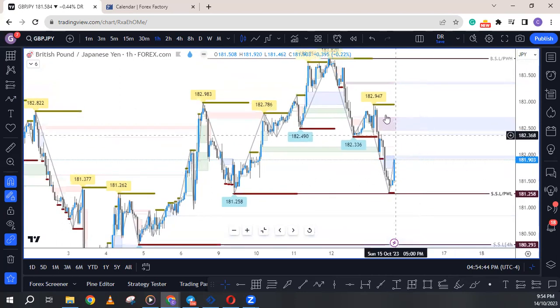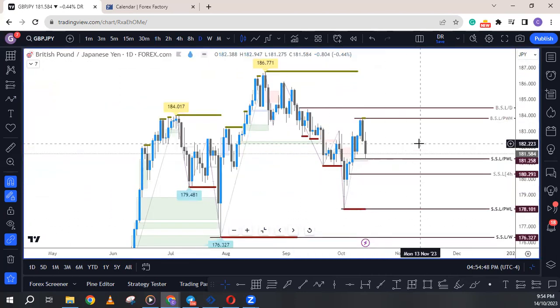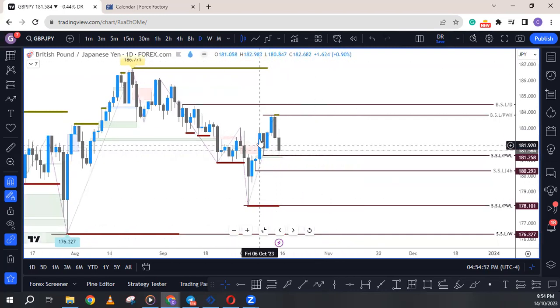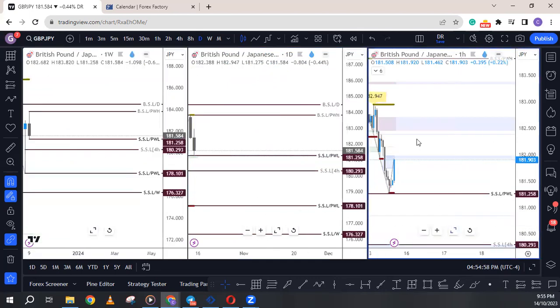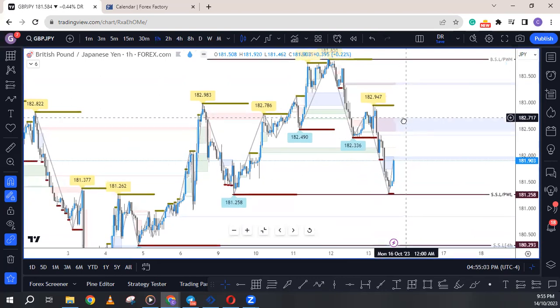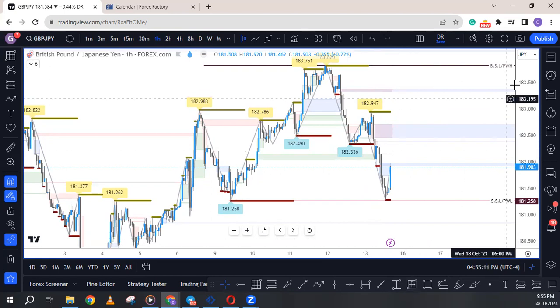But on the daily setup, we already have a change of character here, and price is within a bullish order block, at that low. So on the lower time frame, there's a big possibility it's going to bounce. It may bounce, sweep into this area, then continue down if the uncertainty in the global market continues.